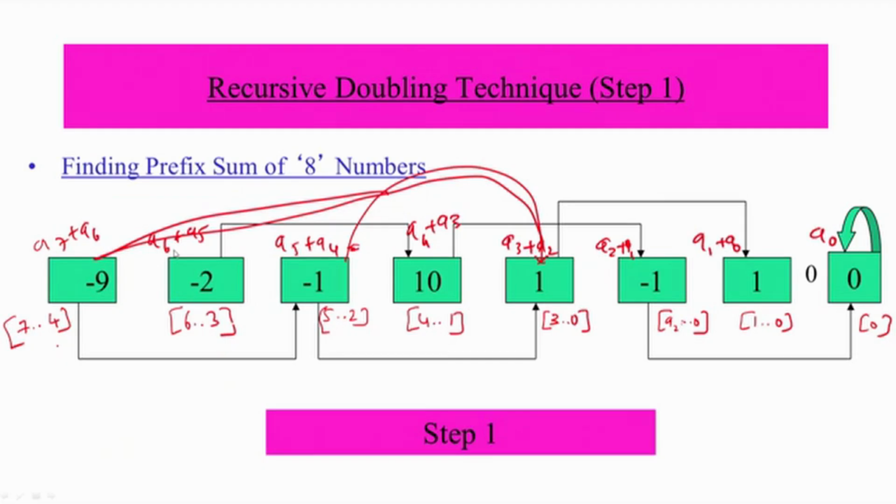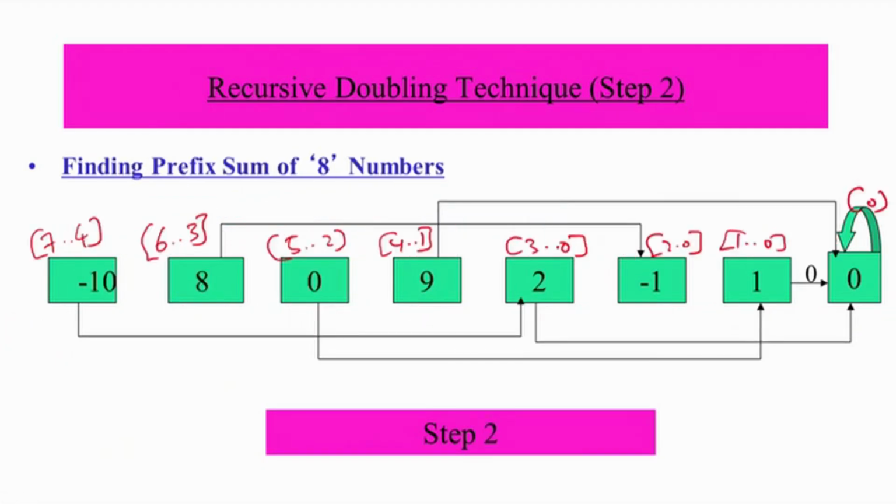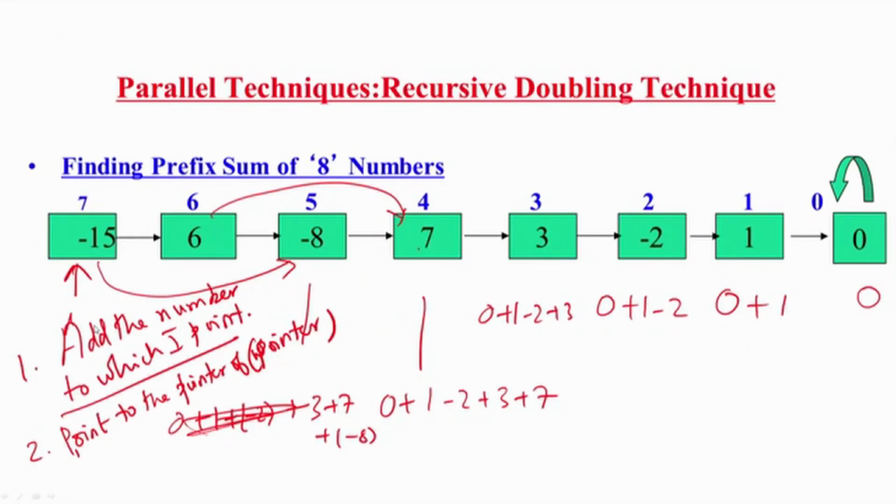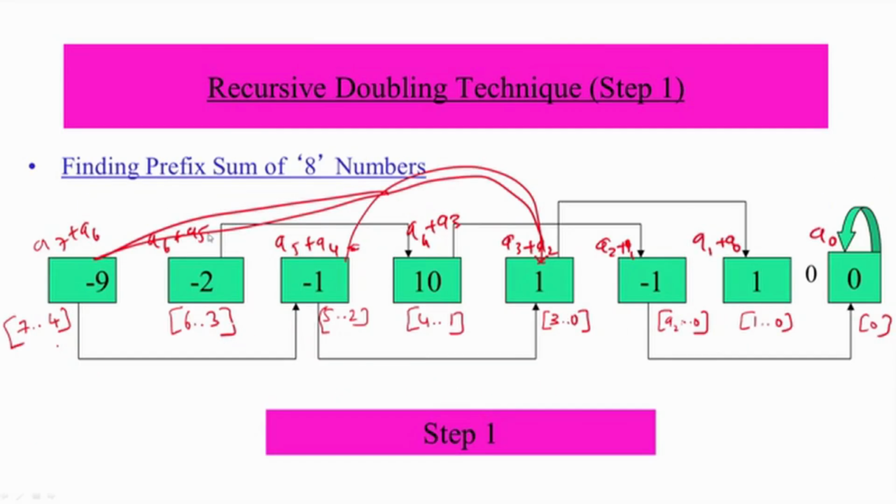At the end of first step I am pointing 2 elements away from me. So if you subtract the index it is 2.